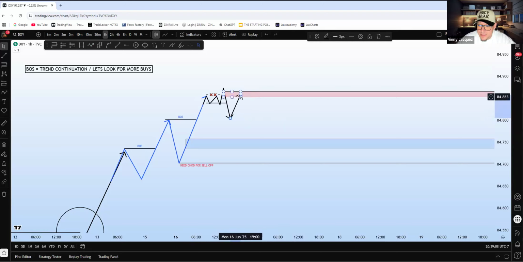So if you take a loss there, you have to understand you took a loss because you were going against the trend. And for me, I want to eliminate those losses as much as possible. I want to eliminate silly, lazy losses, if that makes sense. So for me, I would rather take the buys here and continue with that trend.